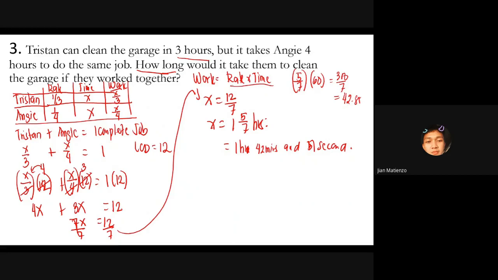It's okay to me if your final answer is 1 and 5 over 7 hours. You don't need to convert to minutes and seconds kung medyo nahihirapan kayo. I just did the conversion for you to visualize yung 5 over 7 ay katumbas yan ng 42 minutes and 51 seconds. Okay?